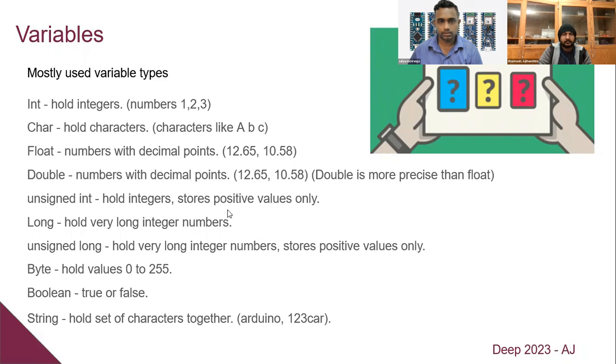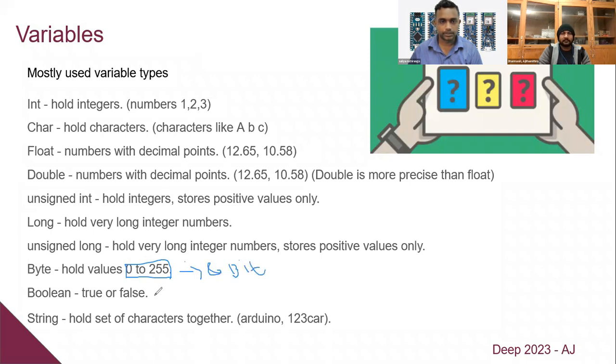Unsigned int holds integers and stores positive values only. It means that you can't store negative values inside an unsigned int. Long holds very long integer numbers. Unsigned long holds long integer numbers, also positive only, right? Byte is the smallest one after the boolean. It can hold up to 255. It means 1 byte equals 8 bits, right?